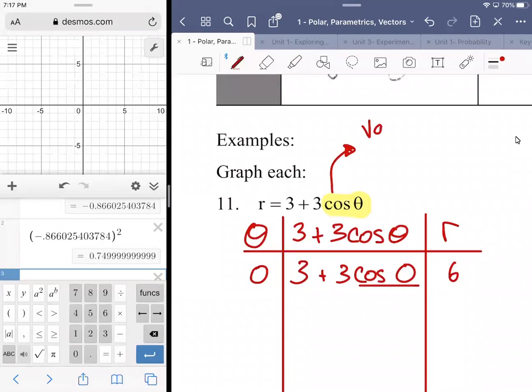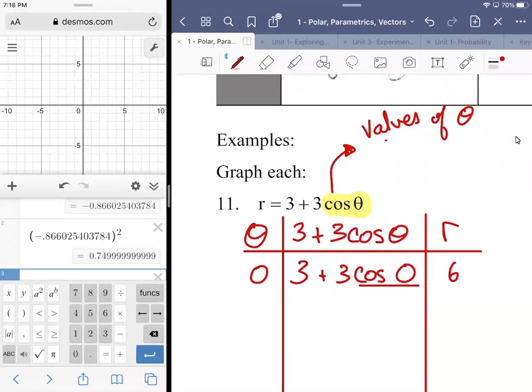So we want values of theta, and we may have to settle for other values of theta, the ones that are not convenient, if after we plot all these points, we still don't have an idea of what the graph looks like. But if we can get some good values for theta to make our lives a little easier, then that's going to be the way to go.